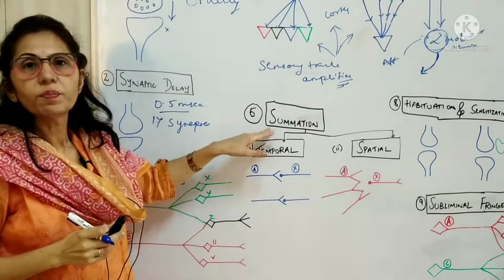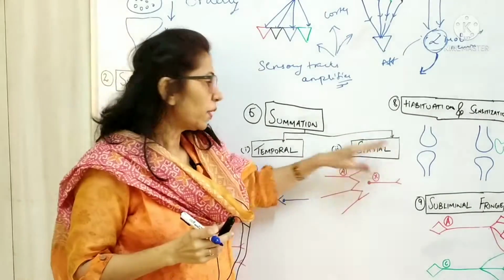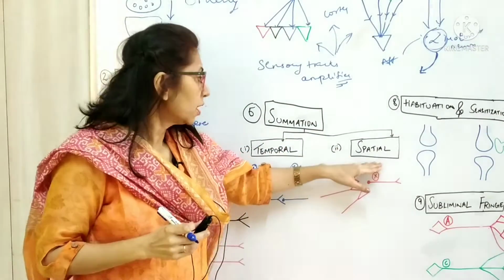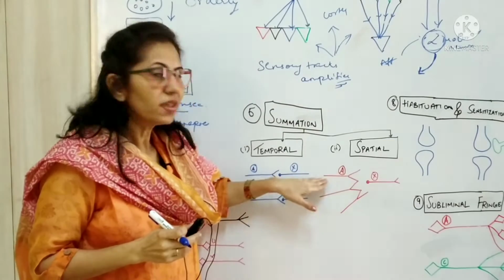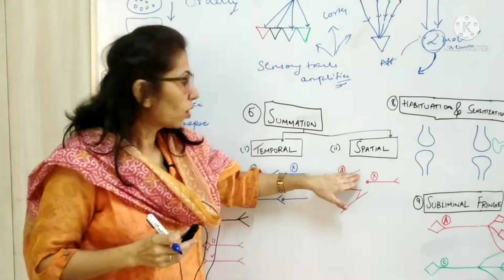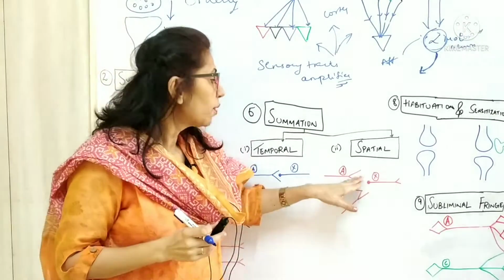Okay, now the next property is summation. Summation can be of two types, temporal summation and spatial summation. First we will see what is spatial summation. We have already studied that when one single presynaptic neuron stimulates a postsynaptic neuron, it will produce an EPSP because it cannot produce an action potential.